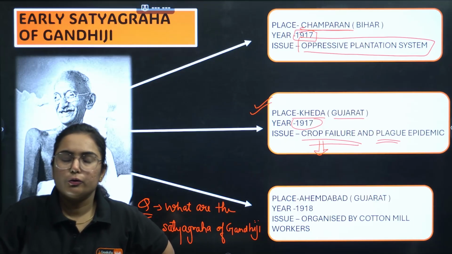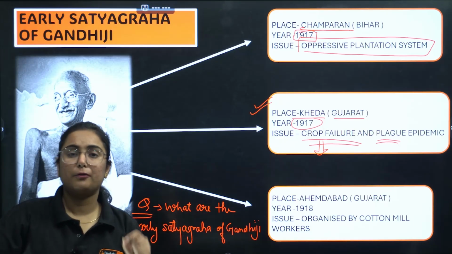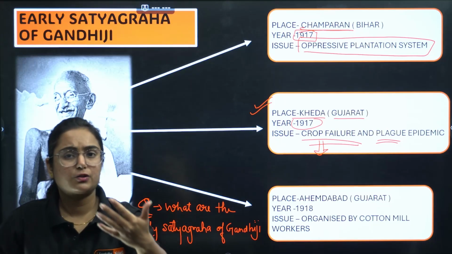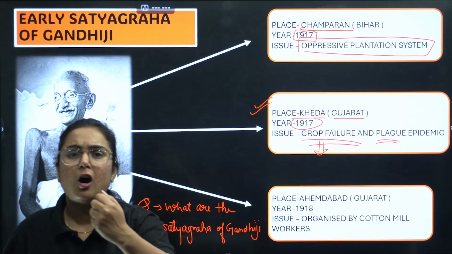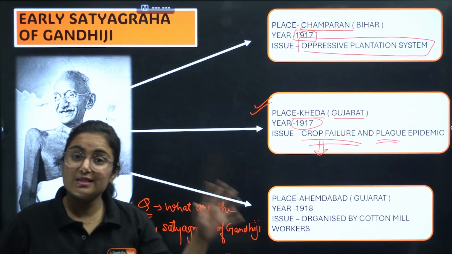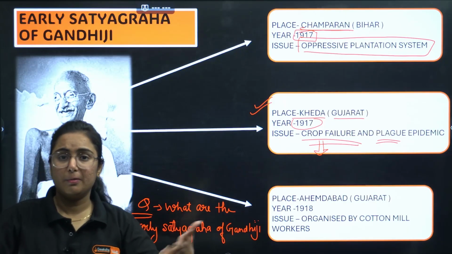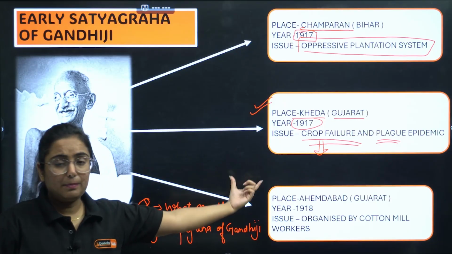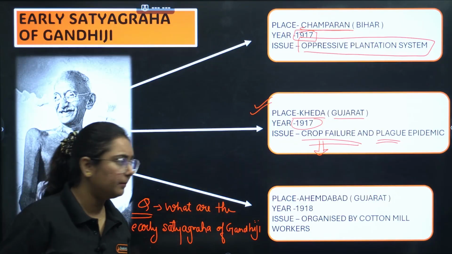According to British policies, if crops fail in any region because of a natural calamity, they will reduce the revenue or make peasants free of the revenue. But this time the Britishers did not agree, rather they were increasing the revenue day by day. So this is how people revolted against the Britishers. And one more thing, that was the plague epidemic.